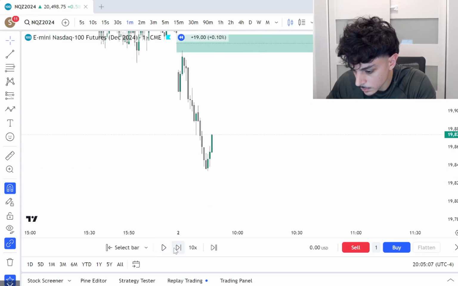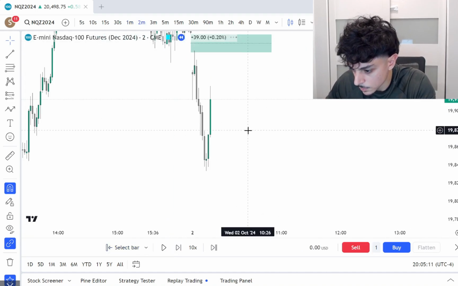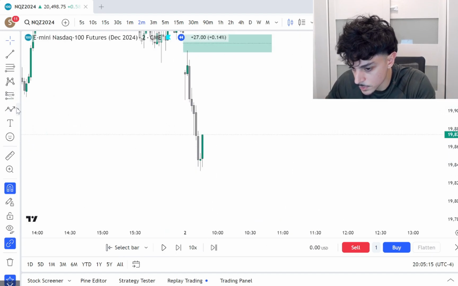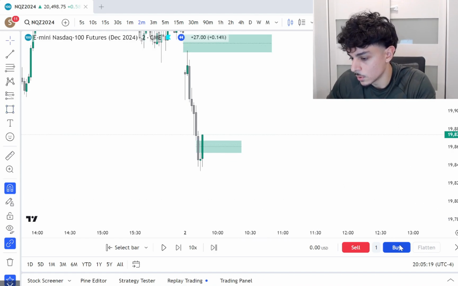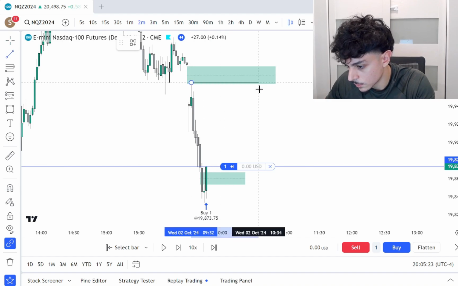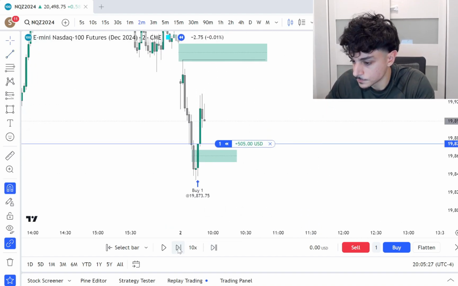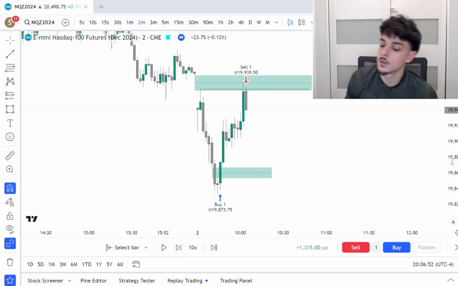So right here, you see we have that inverse on the 2-minute chart right here. Perfect 2-minute inverse. I call it the V signature. You're long from that, and you want to target the high of the opening range gap here. And in a few minutes you hit it.